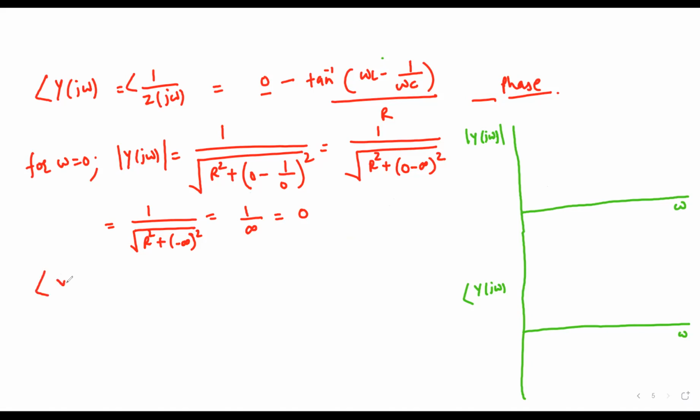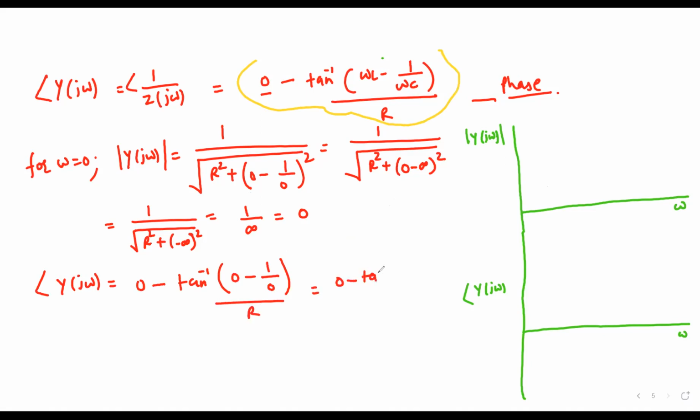And the angle of Y of j omega, this is the expression for the angle we see here. So we plug in the values. It is 0 minus tan inverse of 0 minus infinity divided by R. So it will be tan inverse of infinity.